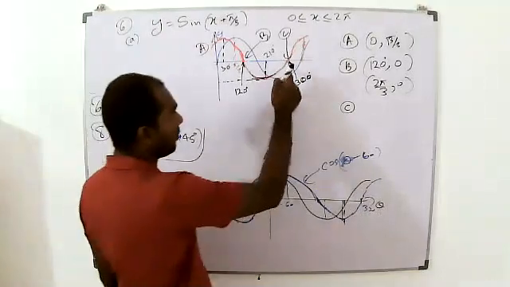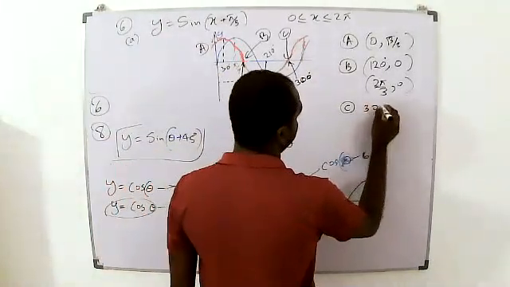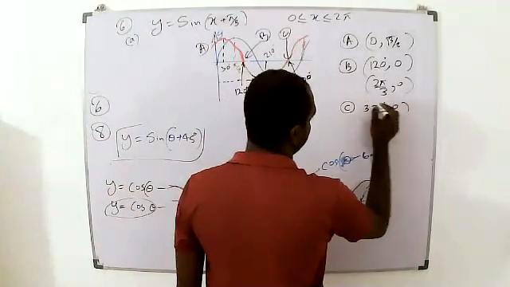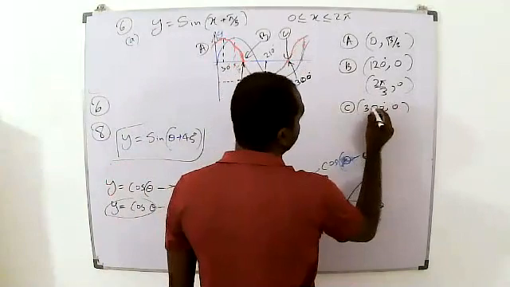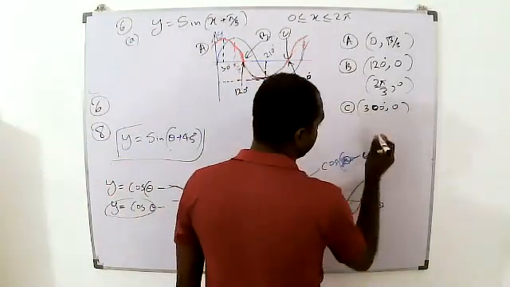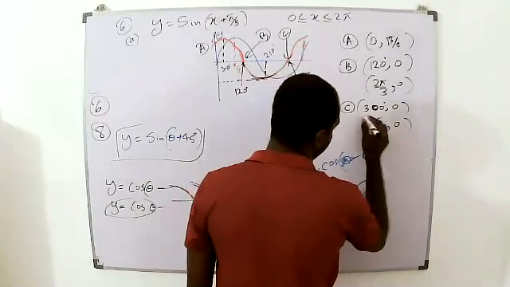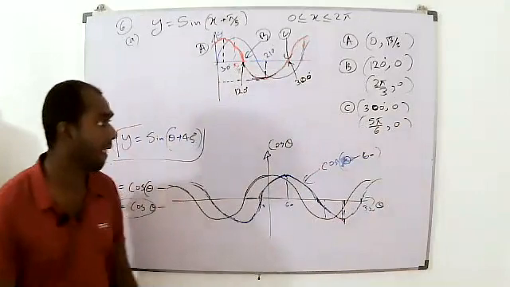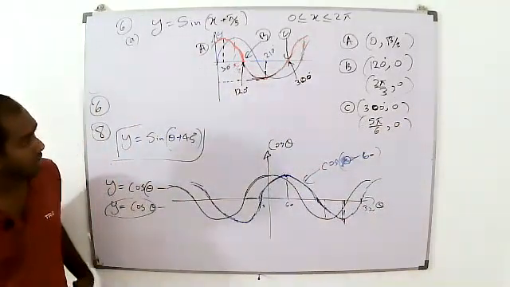And what is that? This point here, it's going to be 300 degrees and 0, or other way, 300 degrees, how can you write? 5 pi over 6, no? So 5 pi over 6, comma 0. Not 5 pi, I did something wrong.